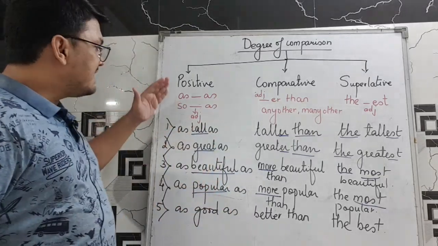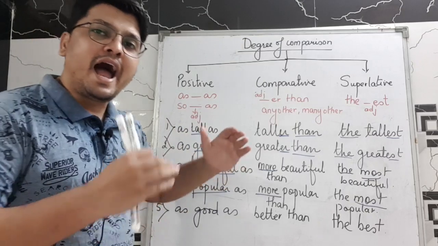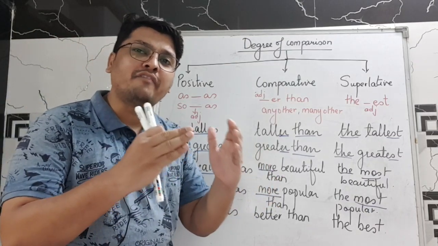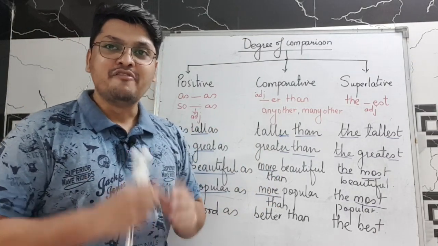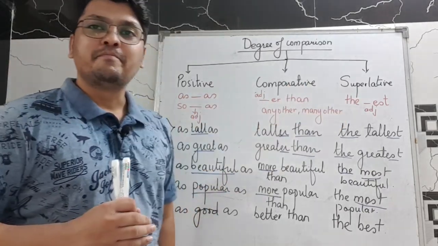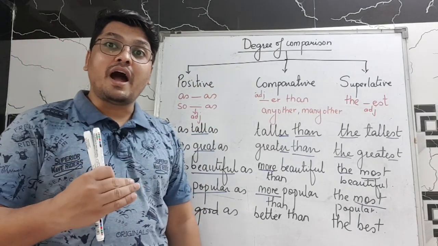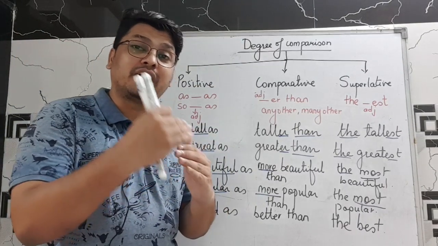So you have seen that in this session, I have taught you the basics of degree of comparison. First I gave you the identification, then I gave you examples, and I told you how many types of adjectives you will come across.